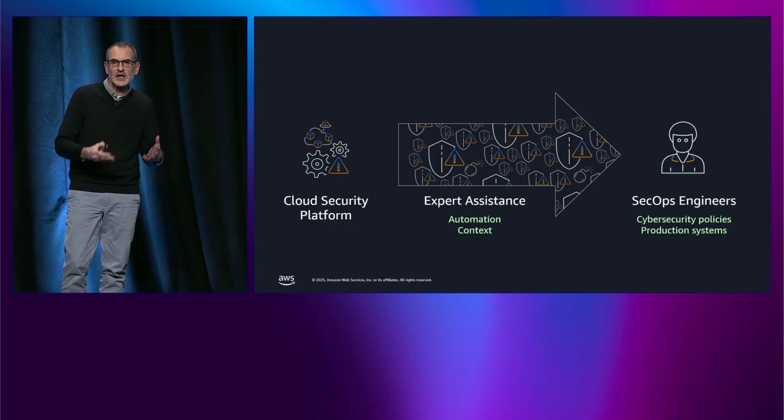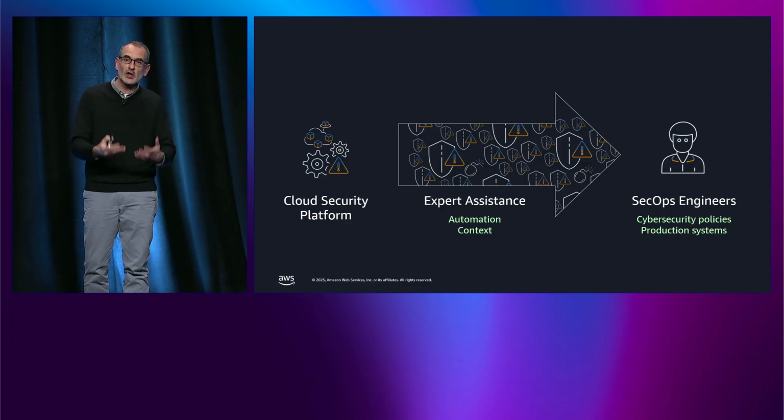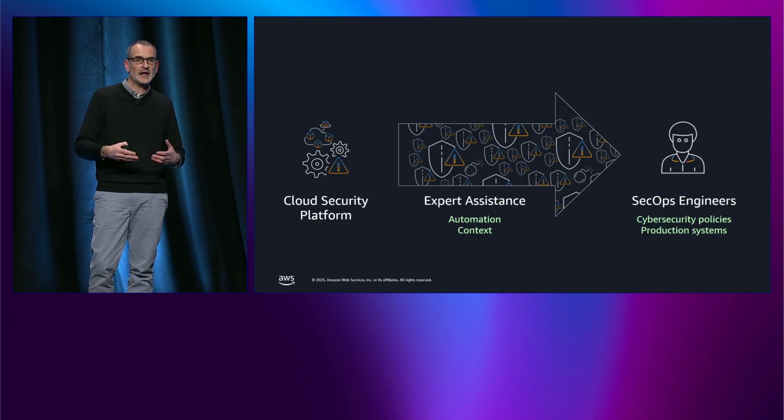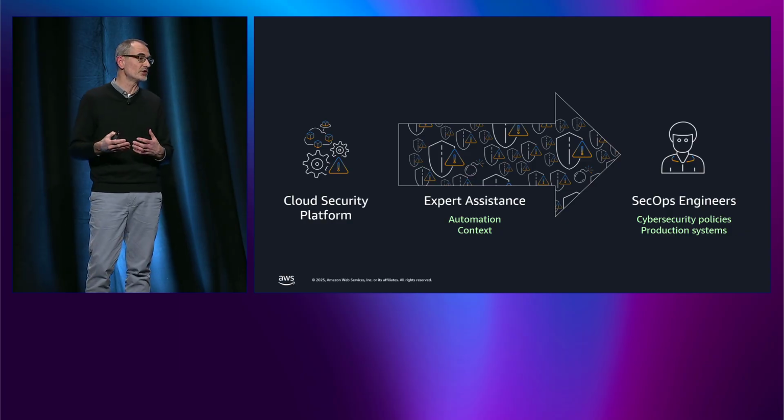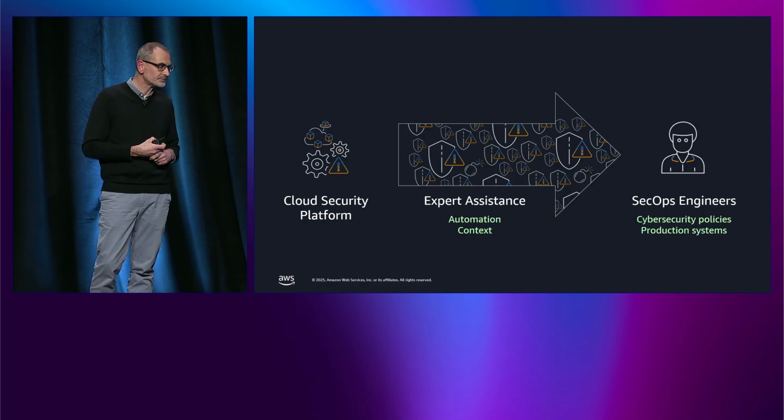These engineers, before they can make an informed decision, they need to understand each issue in its organizational context. And that context can comprise lots and lots of different things, lots of formal knowledge, lots of tribal or informal knowledge. So things such as the cybersecurity policies, run books, best practices, architectural guidance, and even the current state of those production systems.